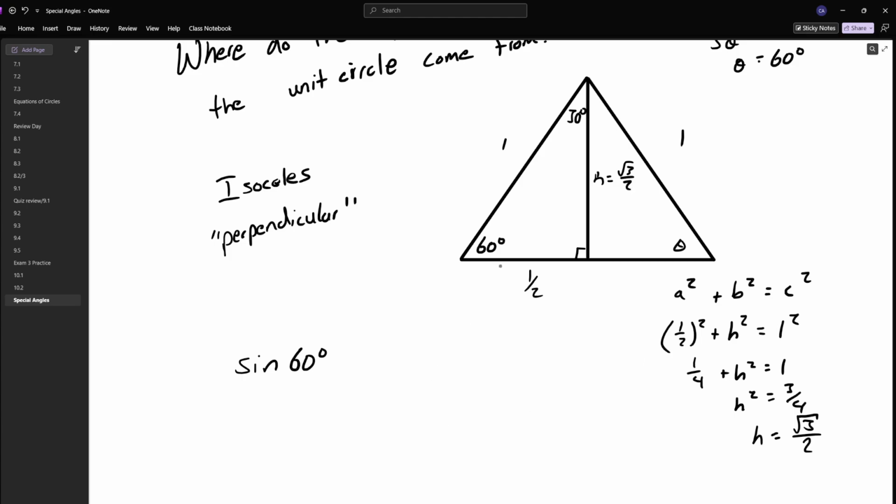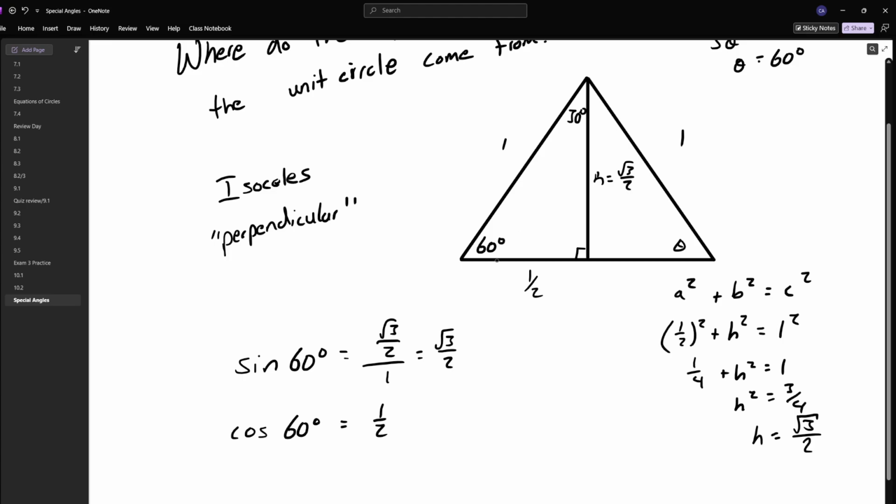So the sine of 60 degrees, opposite over hypotenuse, is the square root of 3 over 2 over 1, which is just the square root of 3 over 2. Similarly, your cosine of 60 degrees is 1/2, because it's the adjacent 1/2 over the 1. You can also turn the triangle the other way and ask about 30 degrees.